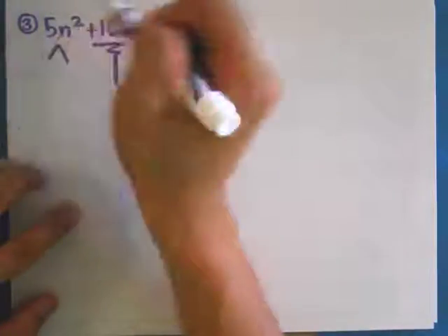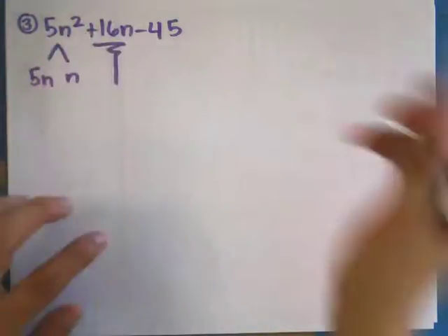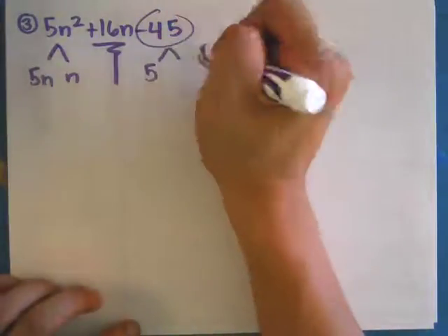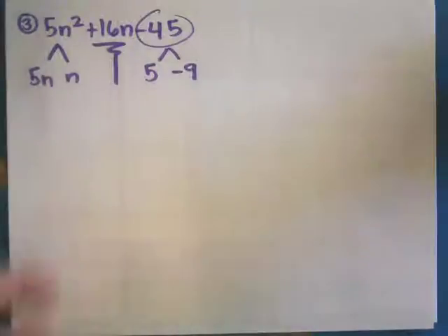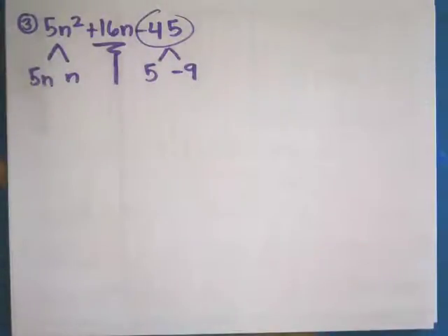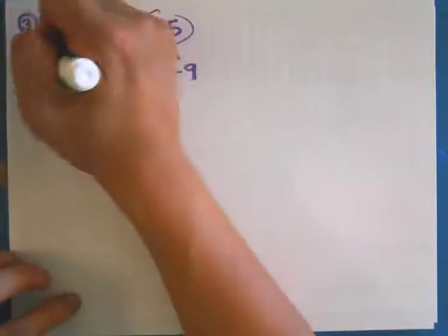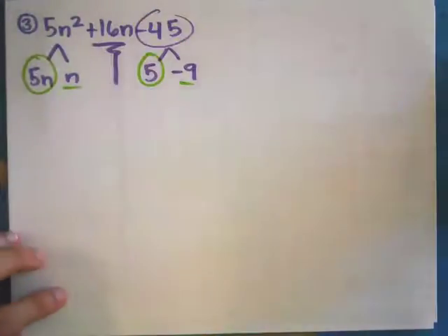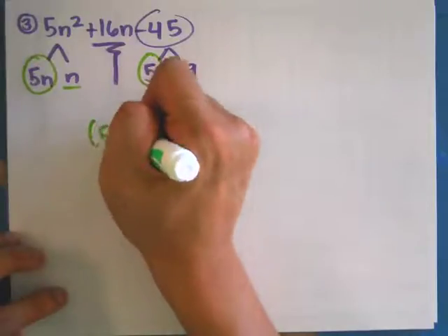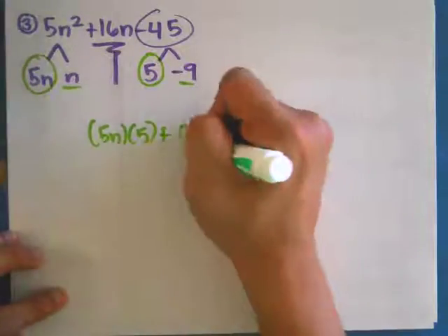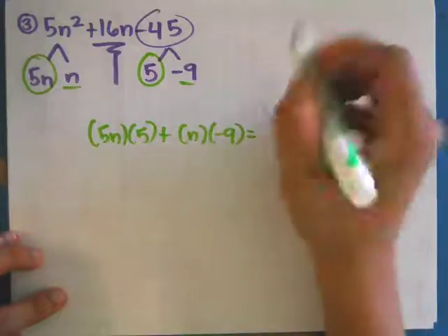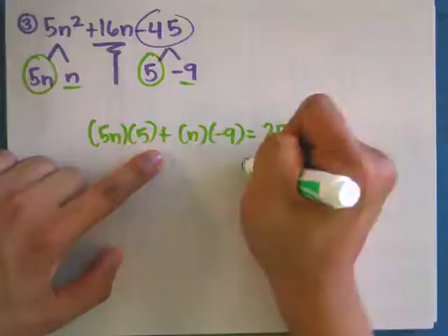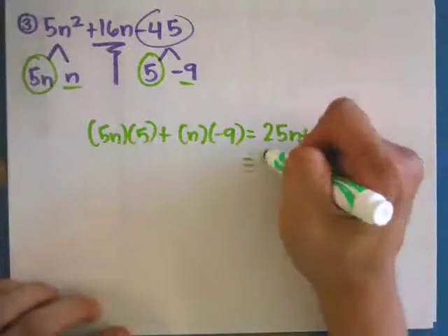So for the last two, the 5 and the negative 45, you have a couple pairings that you can do, but the correct pairing will be the 5n with the 5 and the n with the negative 9. I'm just going to write that out. Because over here is going to be 25n plus negative 9n, and then 25 plus a negative 9 is just going to be positive 16n.